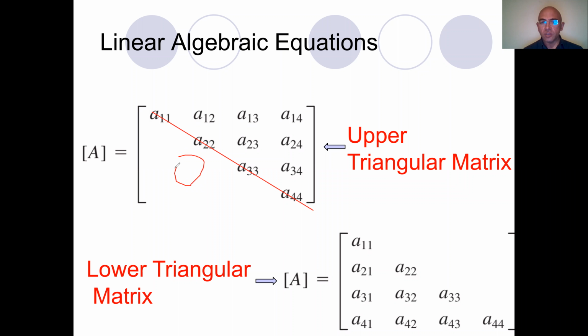Such a matrix is called an upper triangular matrix. We may have a lower triangular matrix as well. It is the mirror of the upper triangular matrix. The property is this: all the values below the diagonal are non-zero, whereas the values on the upper side of the diagonal are completely 0.